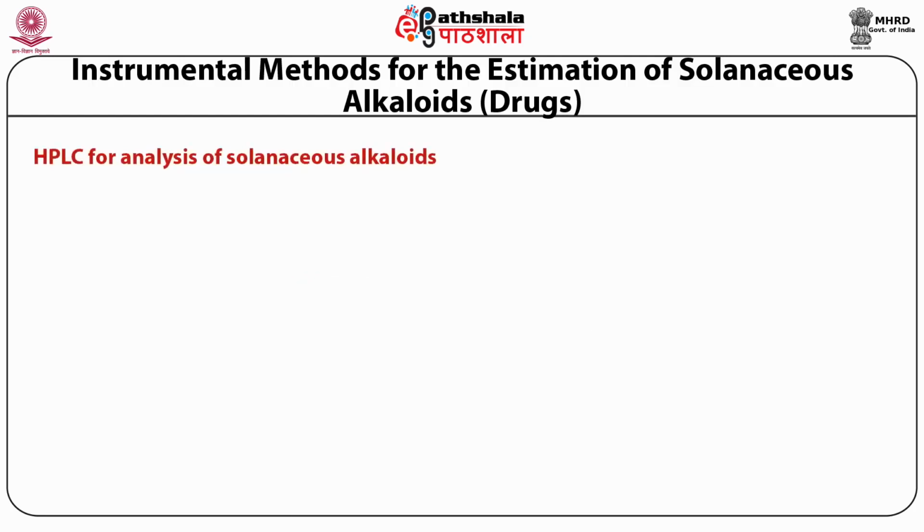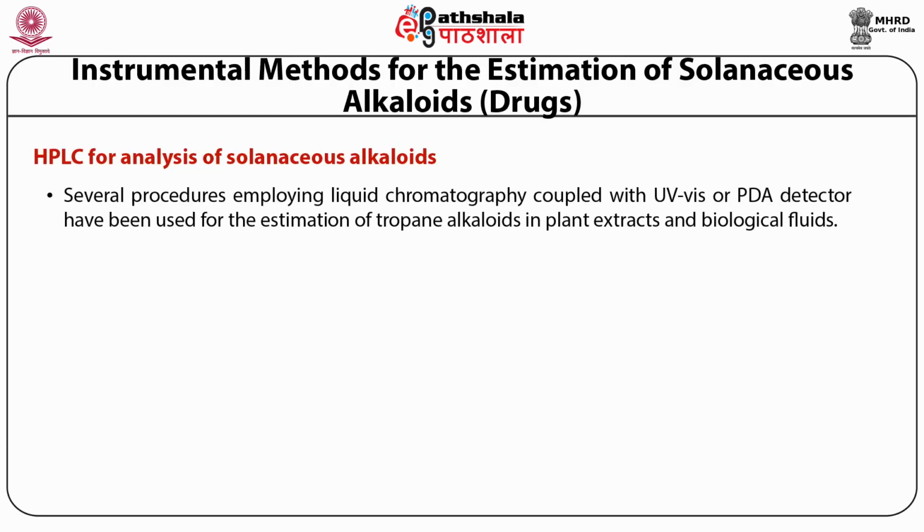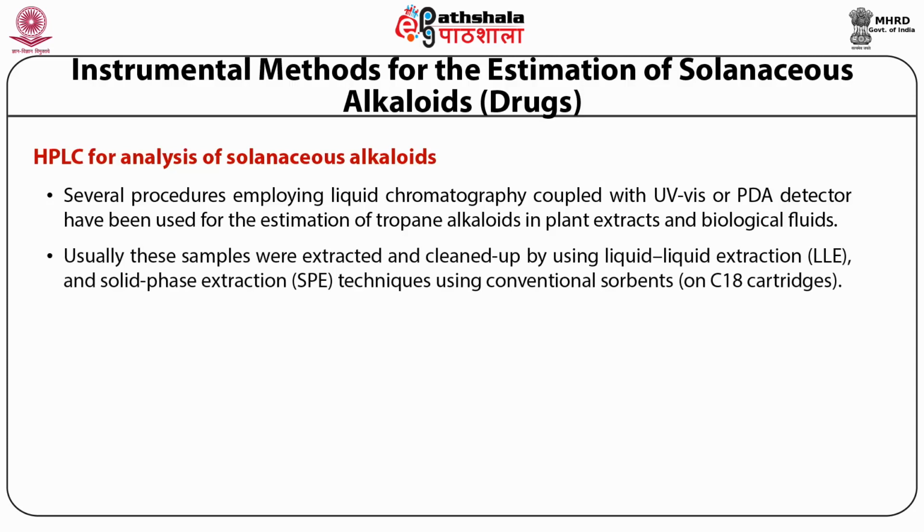HPLC has also been used extensively for the analysis of solanaceous alkaloids. Several procedures using liquid chromatography coupled with UV-visible or PDA detectors have been reported for the estimation of tropane alkaloids overall or individual alkaloids in plant matrix or in biological fluids. These need preliminary cleanup, which is provided by liquid extraction or solid phase extraction using cartridges.